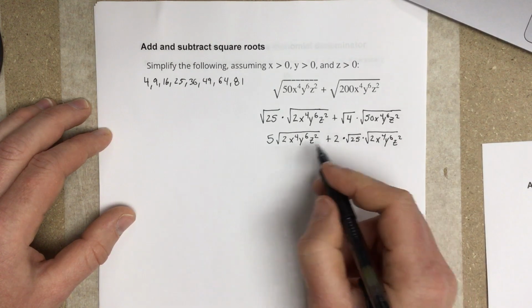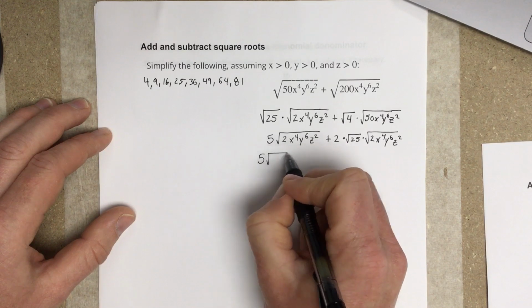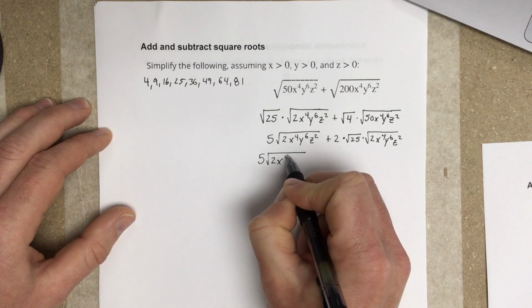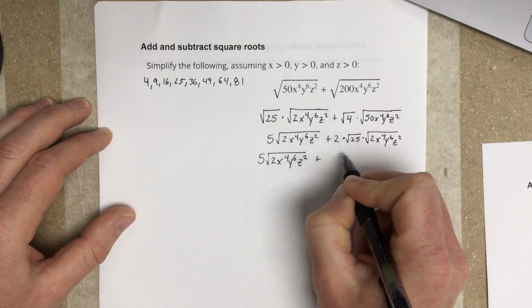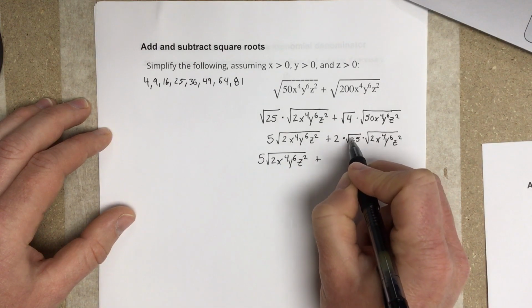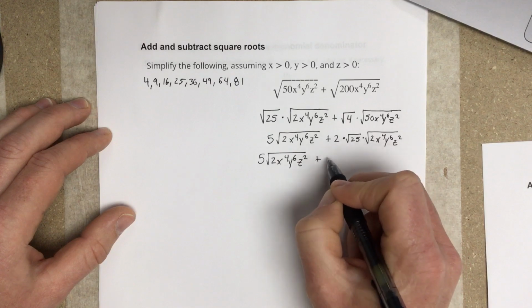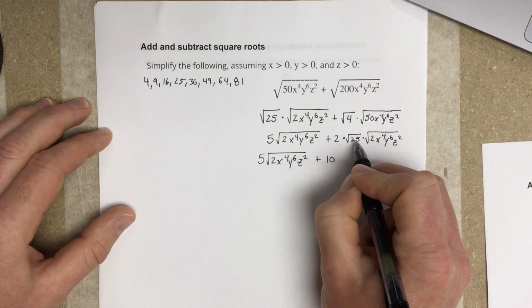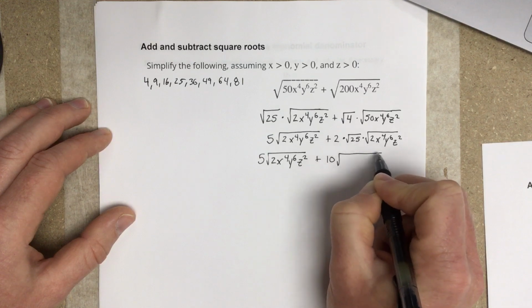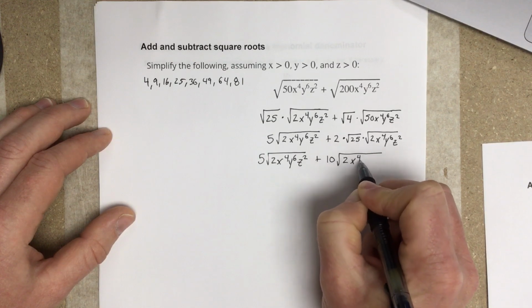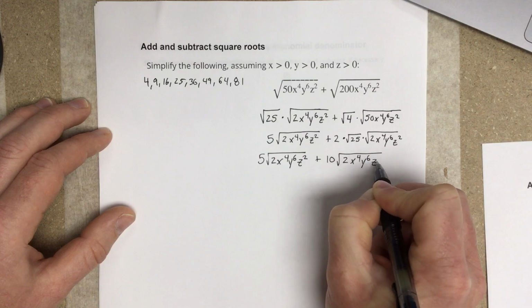Evaluate this root 25, and we have 5 root 2, x to the fourth, y to the sixth, z to the second, plus, that'd be 5, but I'm taking it times 2, so I end up with 10. So this is root of 25, which is 5, times 2, which is 10, root 2, x to the fourth, y to the sixth, z to the second.